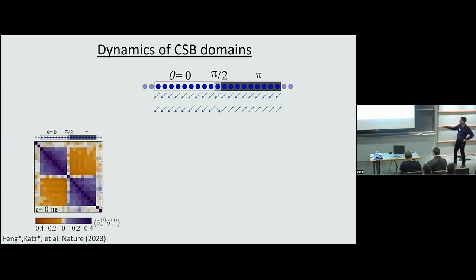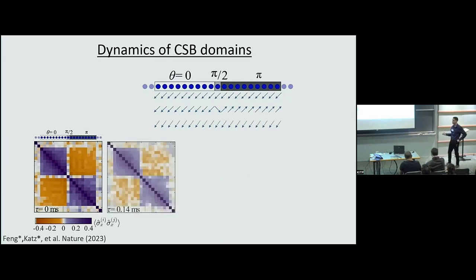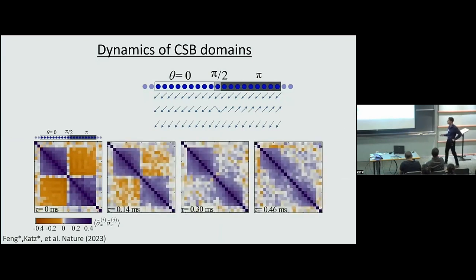That would cause the correlations to be positive within each of these two domains and anti-correlated between the two domains. And as we let the system evolve under this XY Hamiltonian, we can see that at the boundary the correlations form. They lose the initial anti-correlations, and the system becomes correlated, which means that the transition becomes more smooth between one large domain.